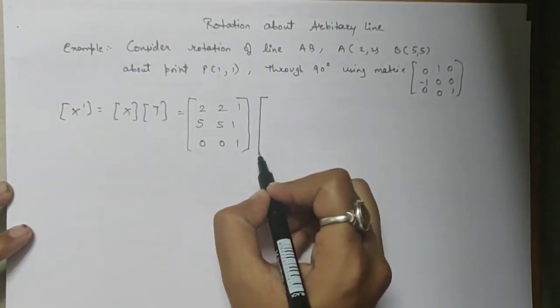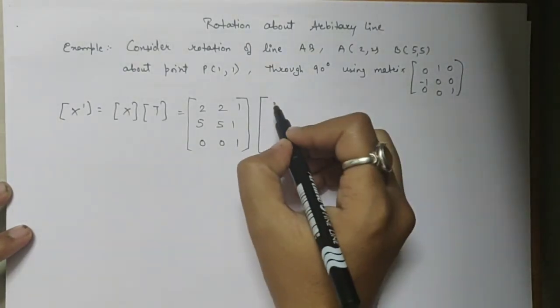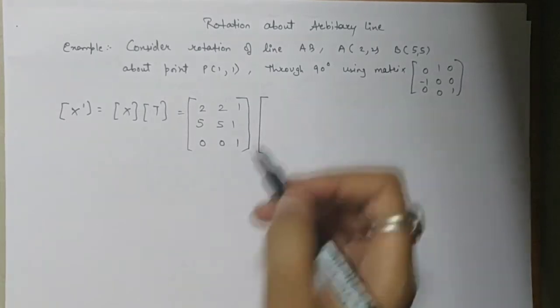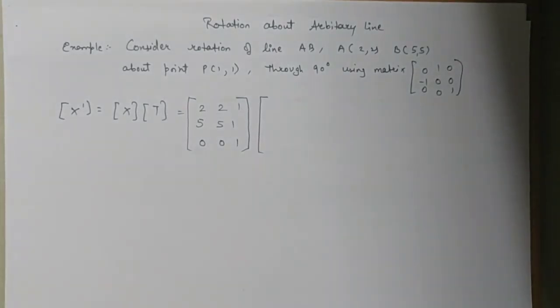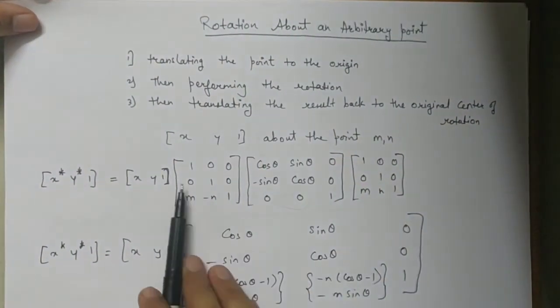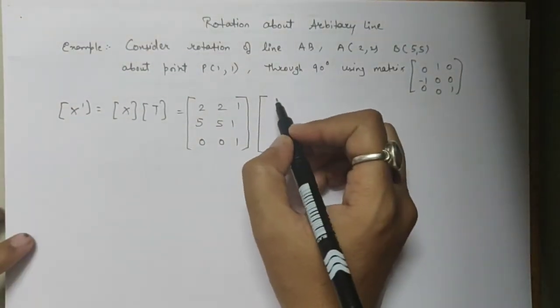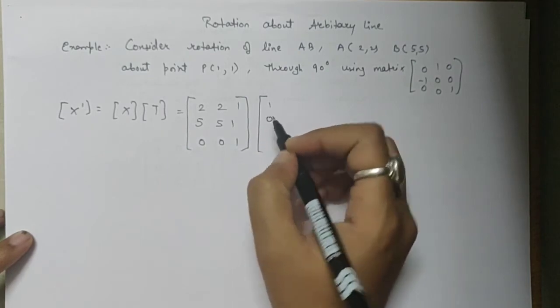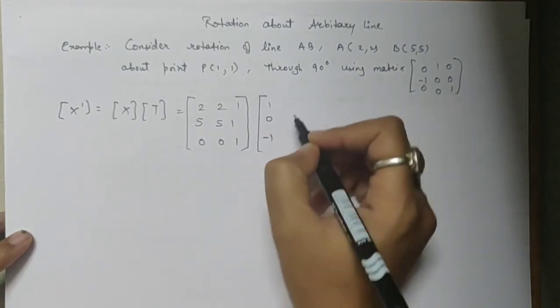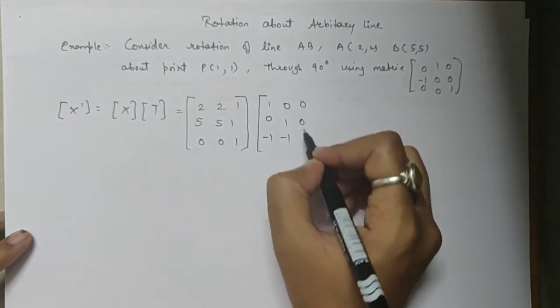Then we have the translation matrix. As we know from our formula, the first step is translating the point to the origin, so we use this matrix: 1, 0, minus 1; 0, 1, minus 1; 0, 0, 0.